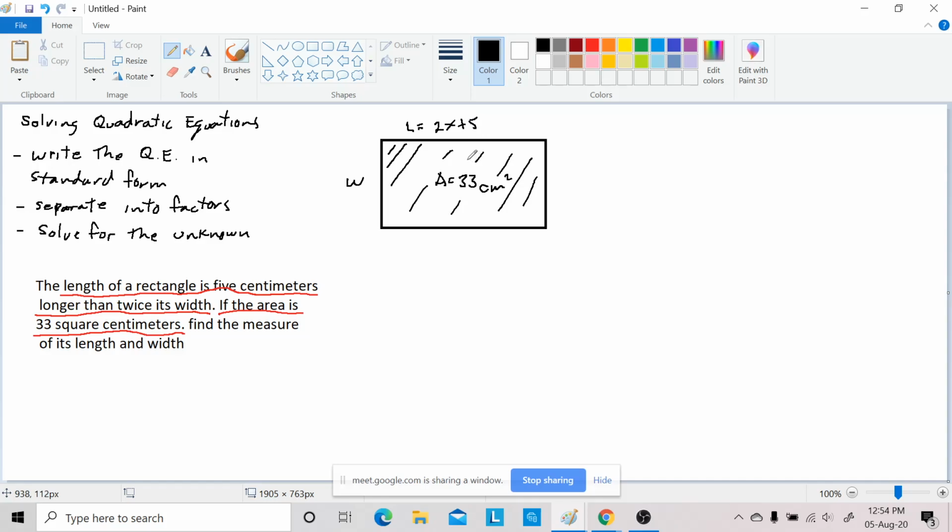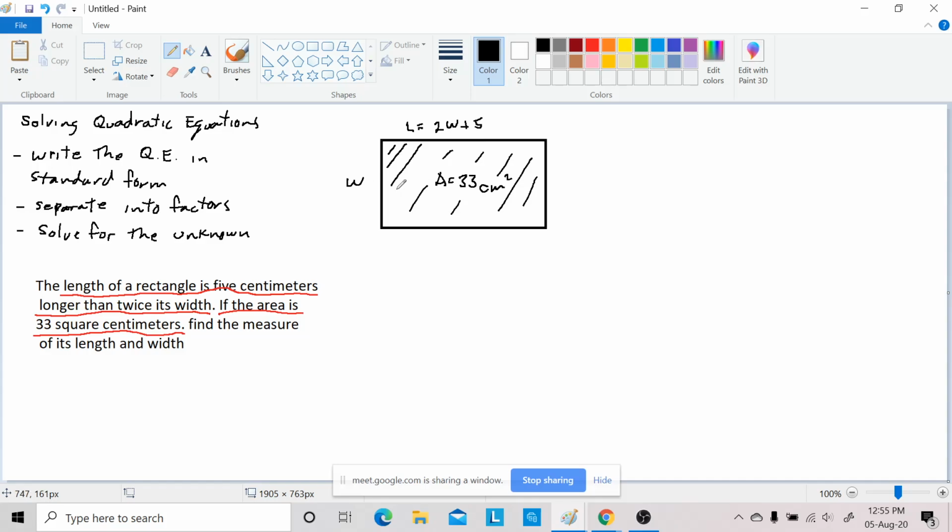But why did you say 2x plus 5? What is x? We don't have x. It is 2w plus 5. Okay, that's better. It says 5 centimeters longer than twice its width: twice the width plus 5 centimeters. That's how to symbolize it.